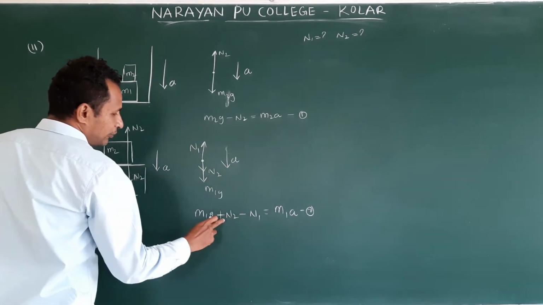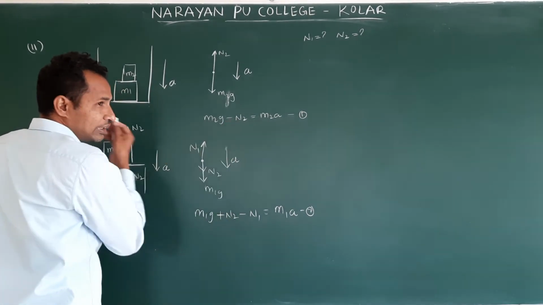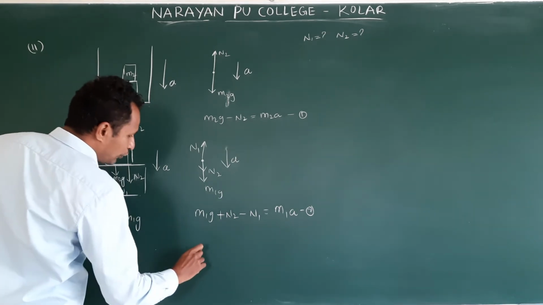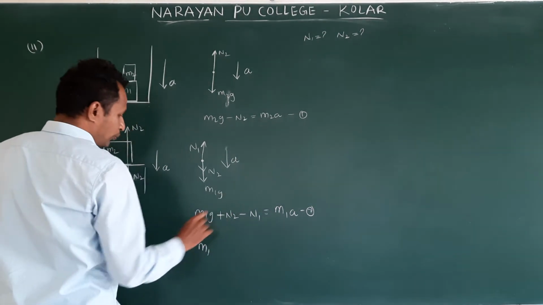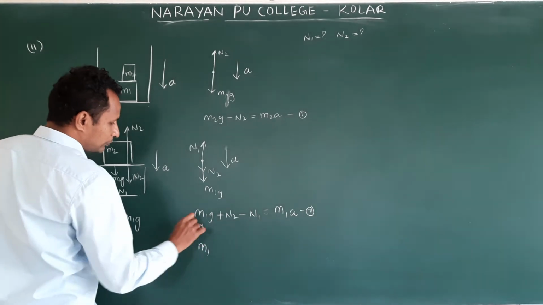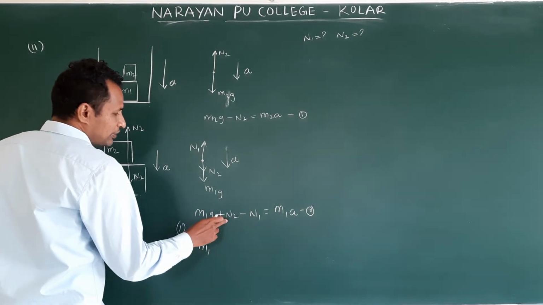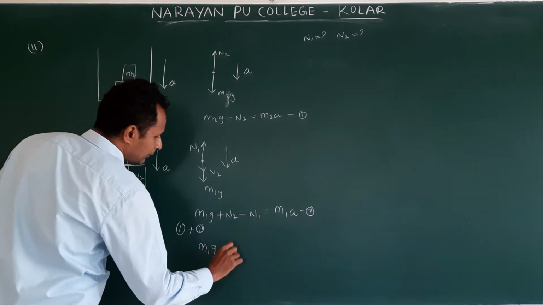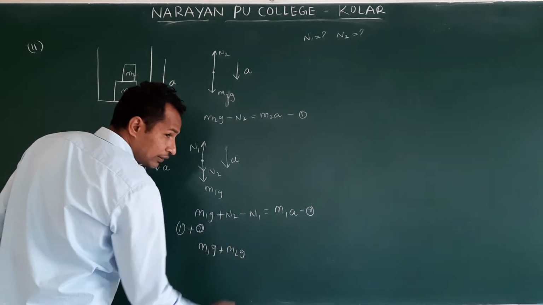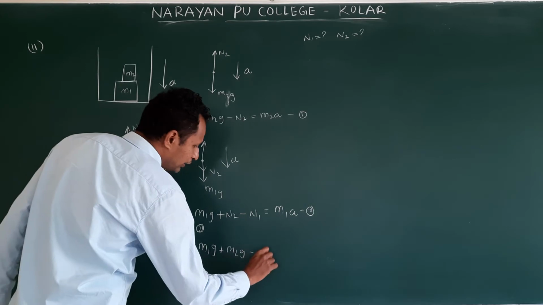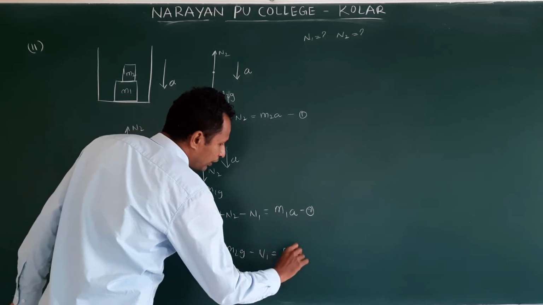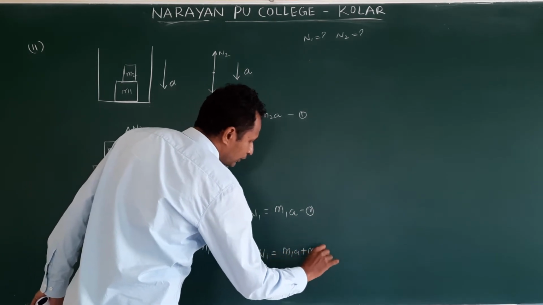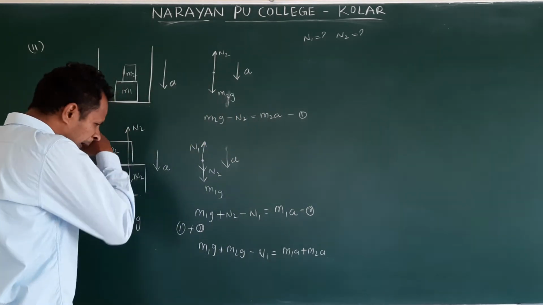Plus N2 and minus N2 will cancel. In 1 plus 2, plus N2 minus N2 cancel. So M1g plus M2g minus N1 is equal to M1a plus M2a. Clear?